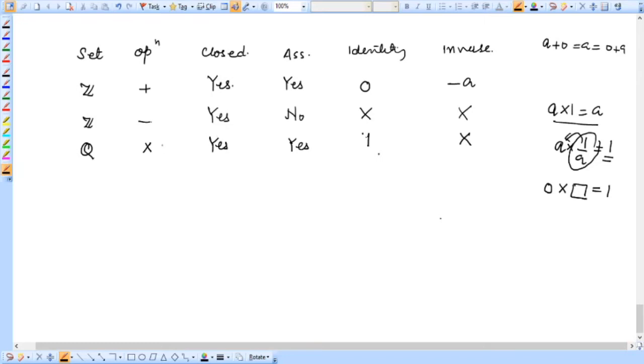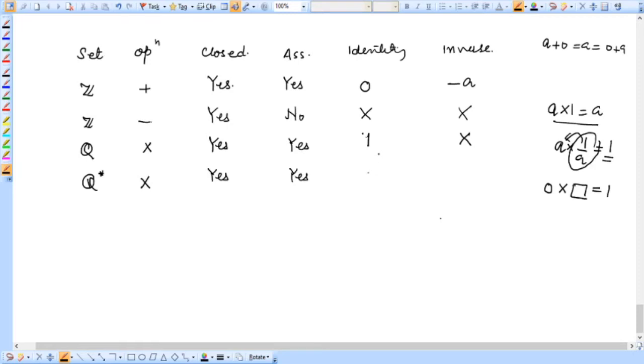Right? So therefore we restricted our set to Q star, in which we excluded the 0 element from the rational numbers, and we took only non-zero rational numbers under multiplication. And in this case it was closed. Yes, it was closed.